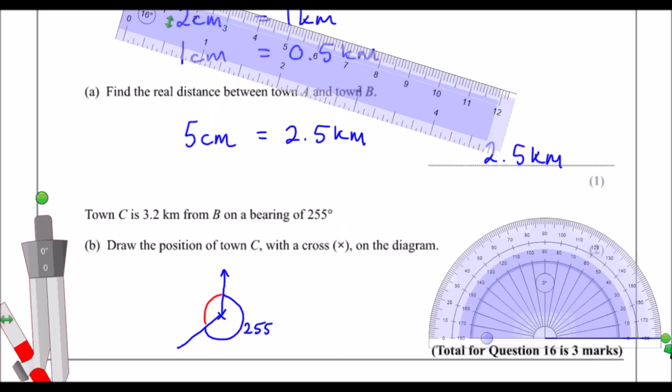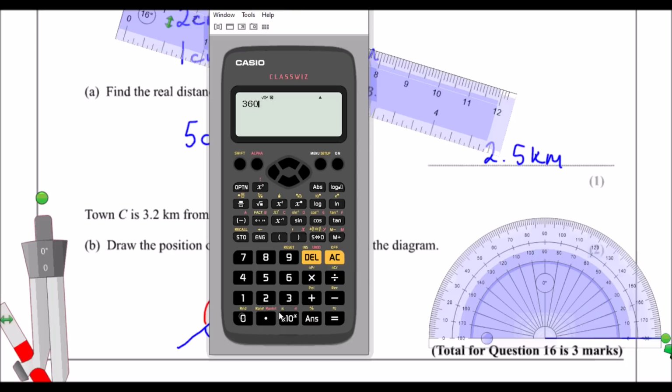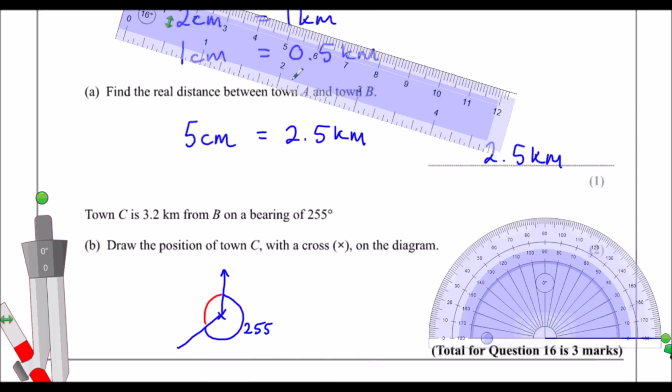So if we do 360, take away 255, the whole way round the circle is 360 degrees. So take off the 255, that leaves us with 105. So instead of measuring clockwise, like we do with a bearing, we can measure anti-clockwise, 105 degrees.